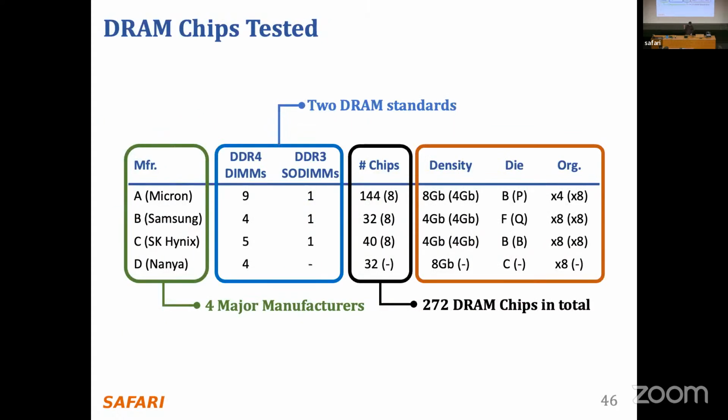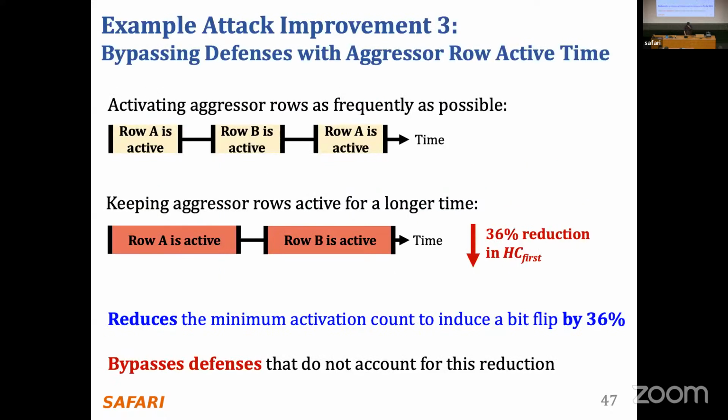First, we test, again, many different chips. This time we even included the fourth manufacturer, Nanya. And we show that if you keep an aggressor row open a bit longer, that is to say, you are not trying to activate the row as frequently as possible.